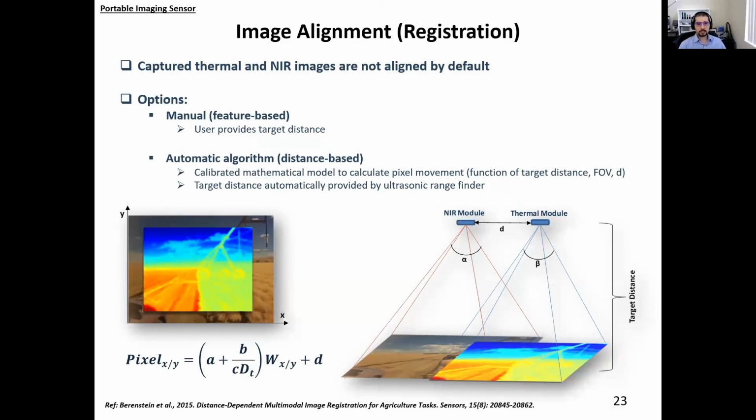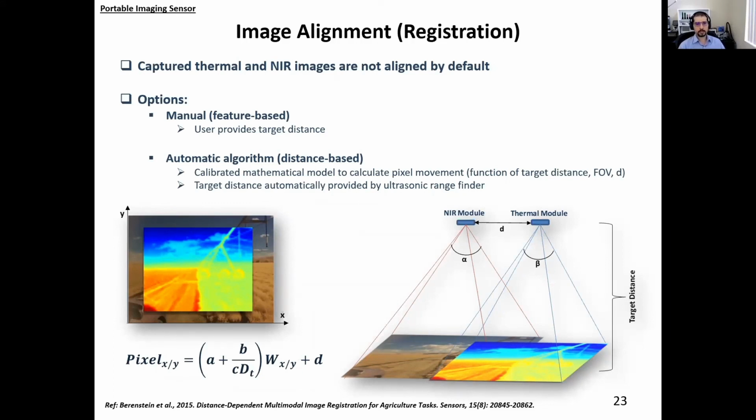So the images that are captured by the imager are not aligned, and the imager needs to do image alignment or image registration somehow. So there are 2 options available.